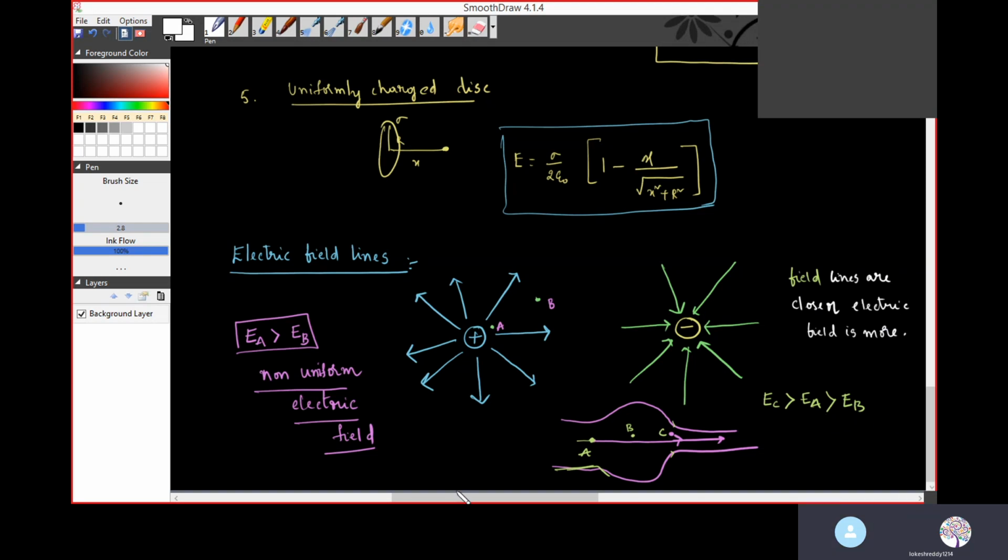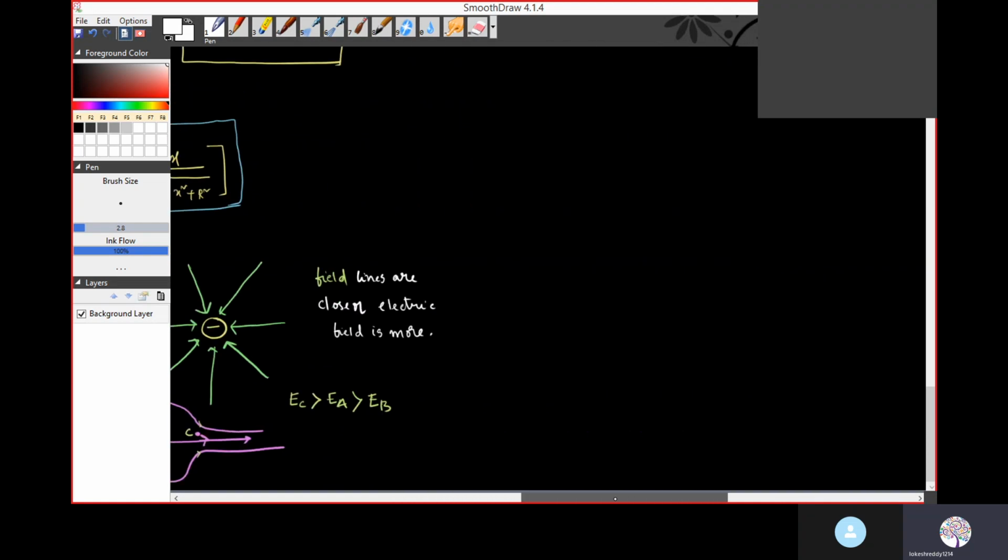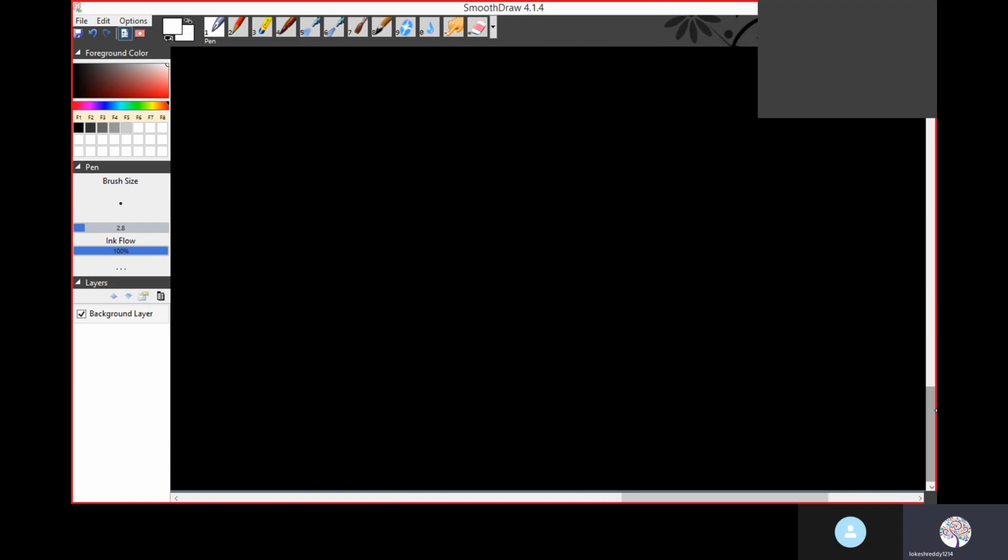Now let's say you have a positive charge here and a negative charge here. If you place a positive charge here, it will move like this.